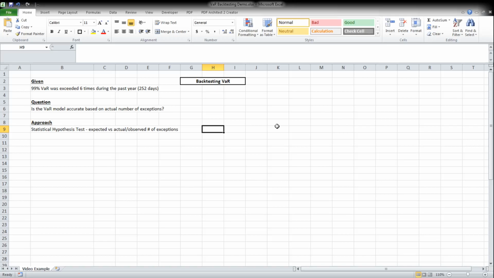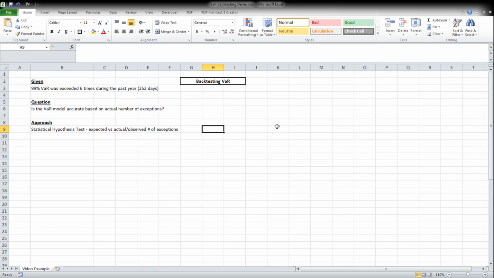So the 99% VaR is the maximum loss that you're expecting over the next one trading day at 99% confidence level, meaning that 99% of the time your losses will not be greater than that VaR number. The other side of the coin is that 1% of the time, your losses will exceed your VaR.